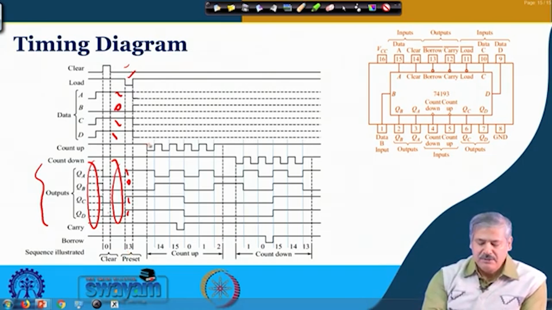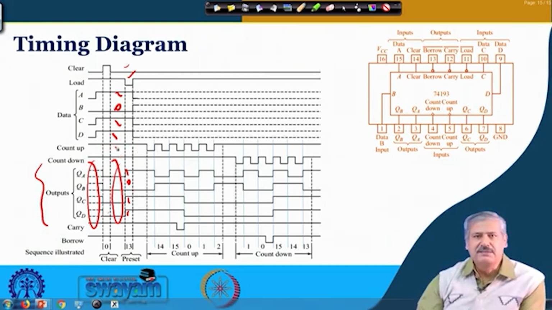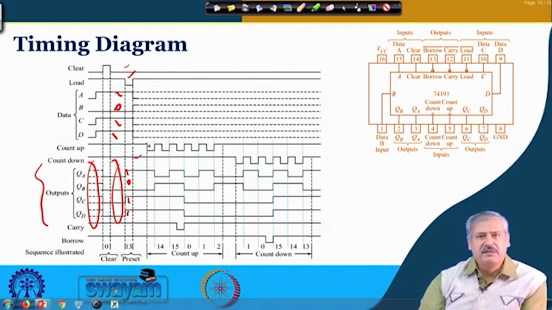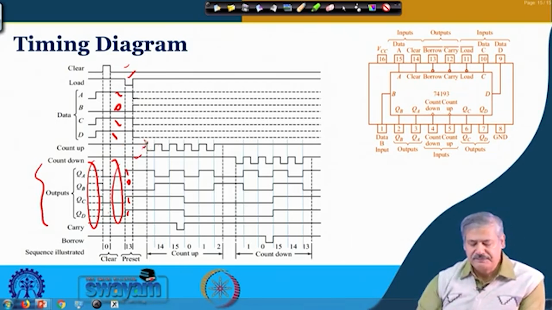The clock, in these cases when it was happening, was at logic high. Then the OR gate output was 0, so there is no change, no clocking happening. Now the count down clock is remaining at high, which means it is inactive, not playing any role in the clocking, and count up has started clocking.